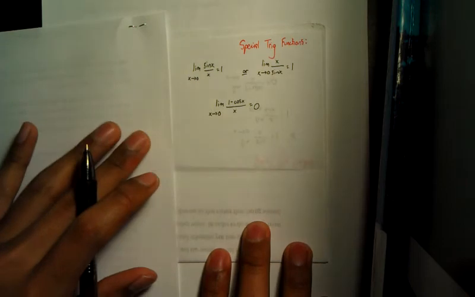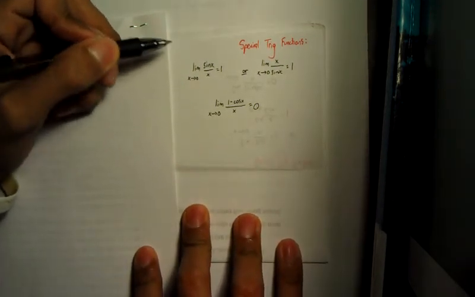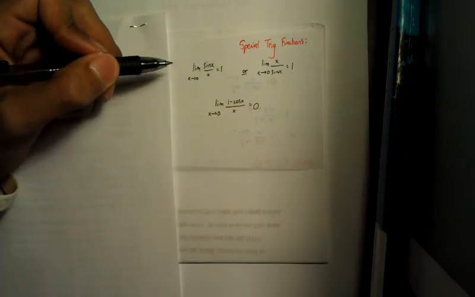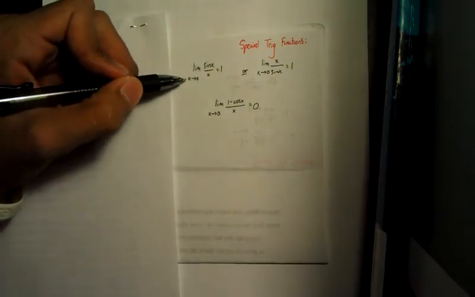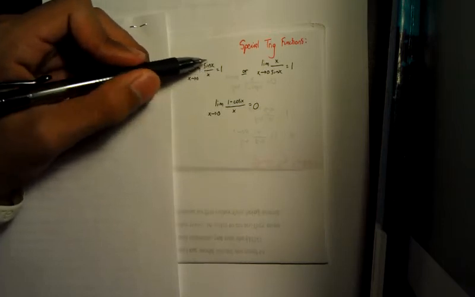Now, there are special trig functions that you need to be aware of. I would suggest just memorizing them unless you want to look for the proof on them. But the limit as x approaches 0 of sine of x over x equals 1.